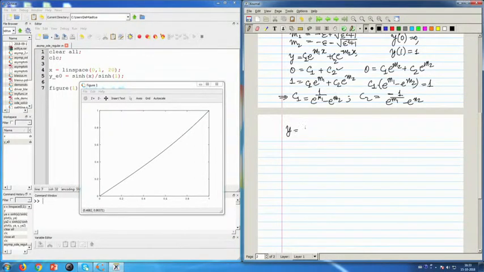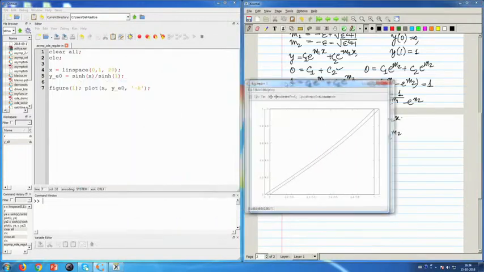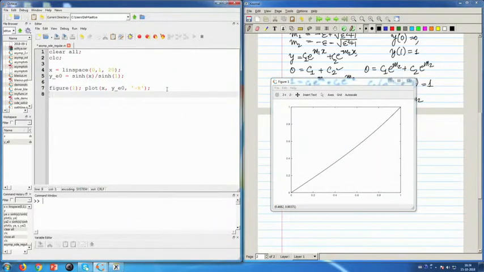So the solution is y equal to e raised to m1x by (e raised to m1 minus e raised to m2) minus 1 by (e raised to m1 minus e raised to m2) times e raised to m2x. Let's try to plot this equation for a particular value of epsilon. So let's say epsilon is equal to 0.1.